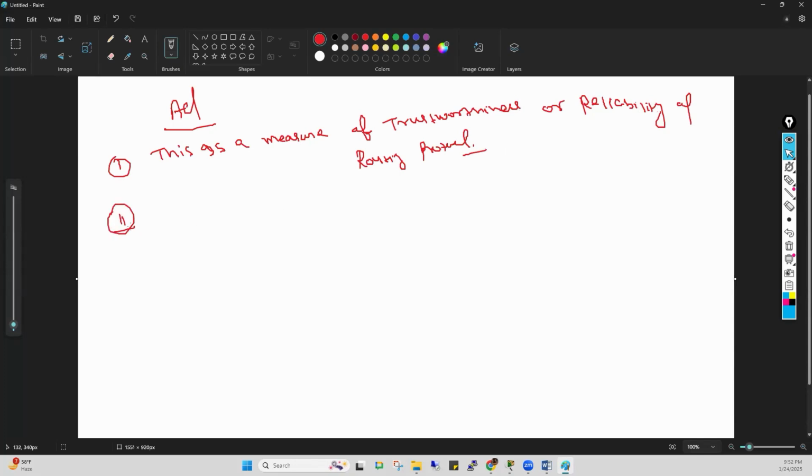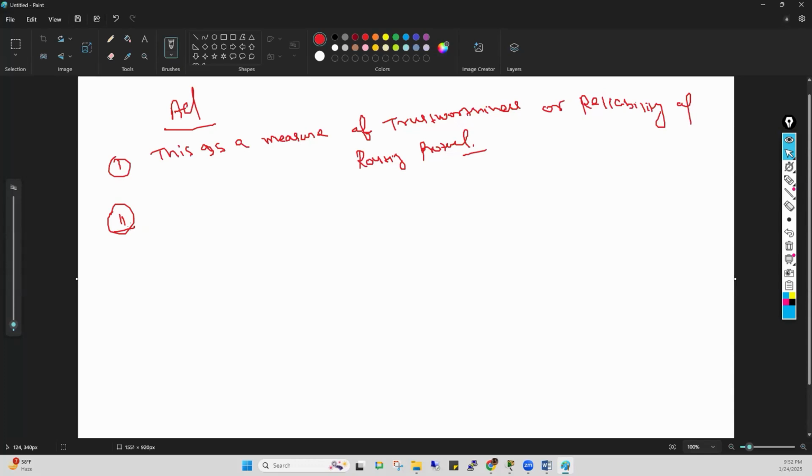So basically, what is AD? AD is a measure of trustworthiness or reliability of a routing protocol. Or simply, on the basis of the AD value, you can decide which routing protocol you can trust more. That is the use of AD.